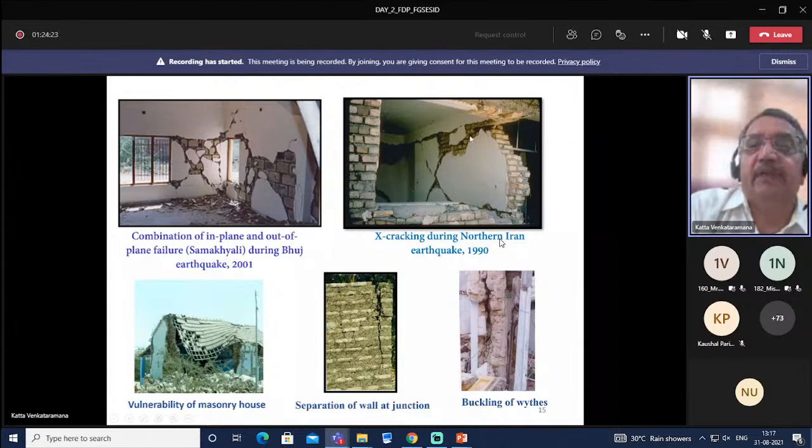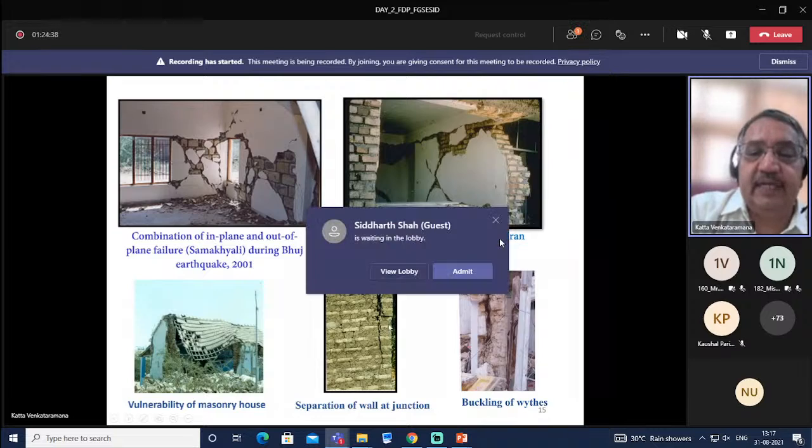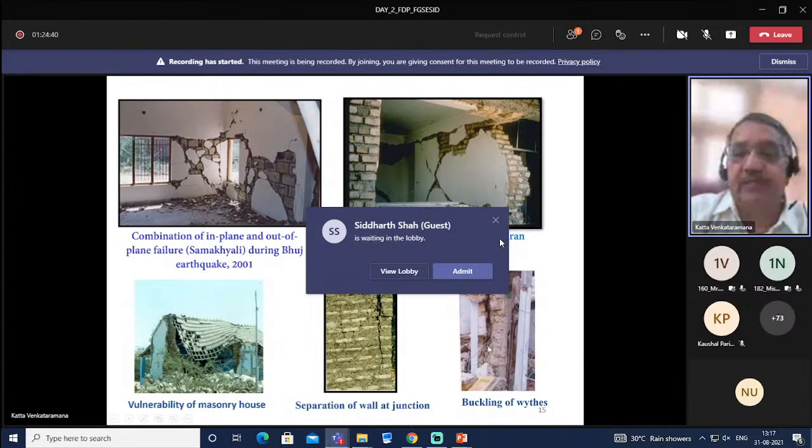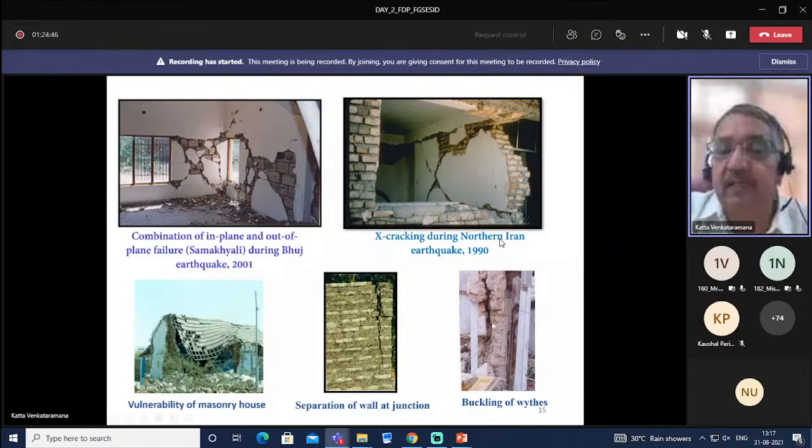X cracking, development of X cracking during the 1990 northern Iran earthquake. Masonry collapsed here. Here is separation of the wall at the junction of two walls. And then this is an example of failure of stone masonry wall, buckling of plates.